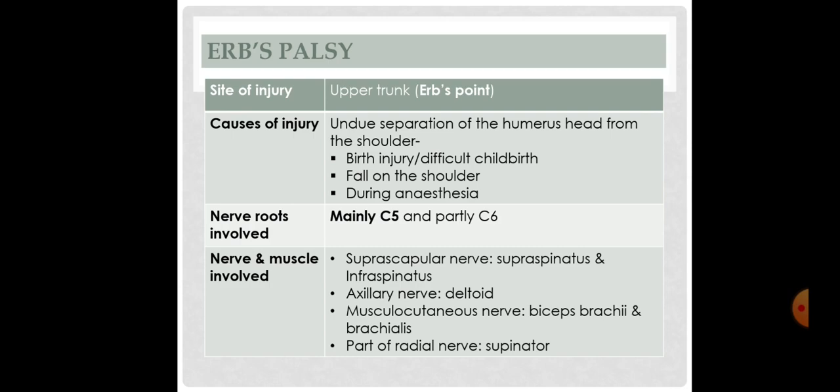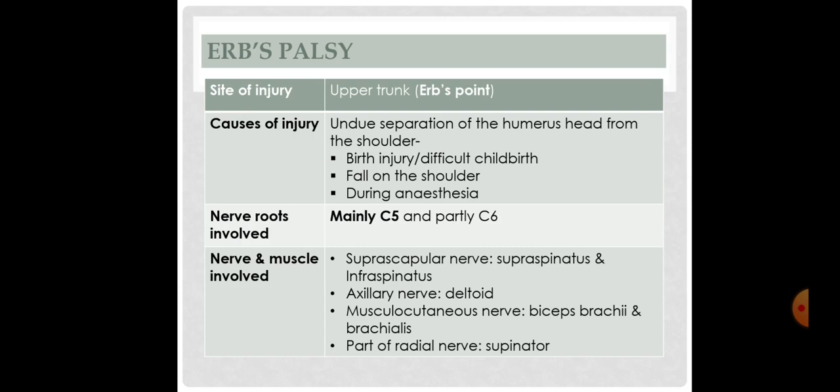Number 2, the axillary nerve also bears the nerve roots C5 and C6, so the axillary nerve will also be paralyzed. As a result, the deltoid muscle and teres minor muscle will also be affected. Next, the musculocutaneous nerve, which bears the nerve roots C5, 6, 7, will be affected.